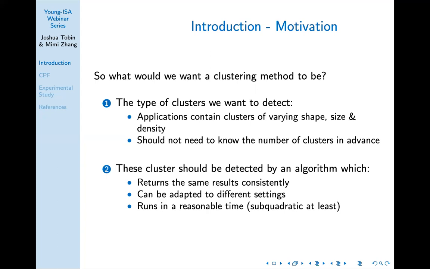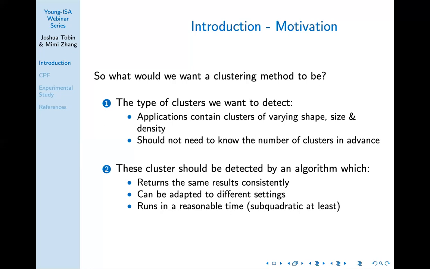Consistency means that the algorithm isn't sensitive to initialization or random initialization points. Adaptive means that the user has control over different outputs and can vary parameters to change the outputs that they get. And quick means that the algorithm would run, being generous to ourselves, at least subquadratic in complexity.